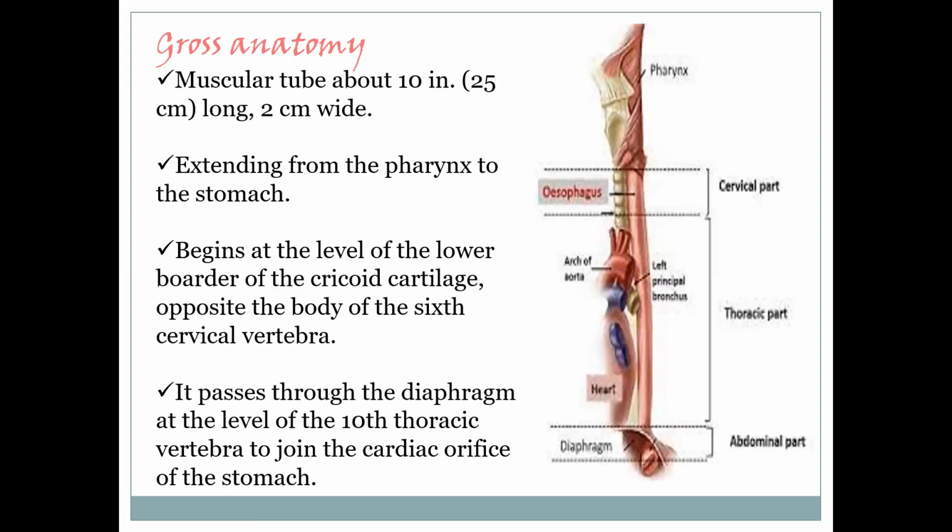So, it is a tube extending from the pharynx to the stomach, and it begins at the level of the lower border of the cricoid cartilage around here, and it ends at the cardiac orifice of the stomach around here. So, at the beginning, it lies opposite to the body of the sixth cervical vertebra.